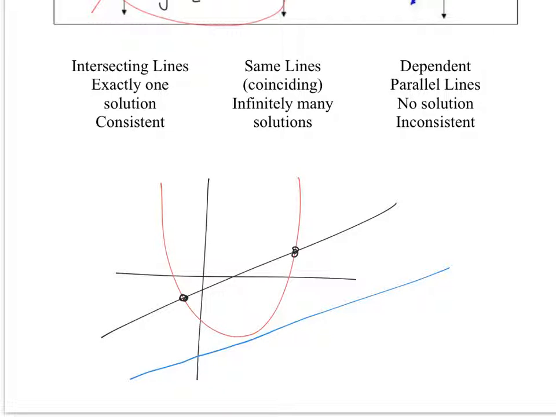Zero, because there's no intersection. And then finally, what about this? How many solutions? Just one. Maybe more than one, but let's assume that that is a point of tangency. So if this point is tangent here, then there'd be one solution.